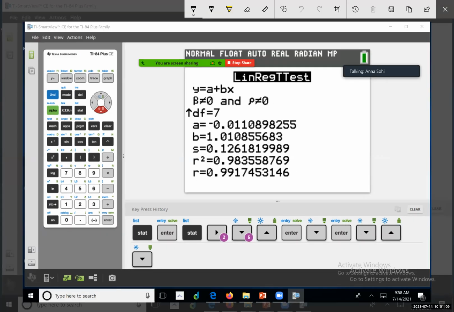R square is the explained variation. So if they ask what is the explained variation, it means r squared, or just directly use r square here. Any questions? I put 2 videos on 10.1 that you can also watch.